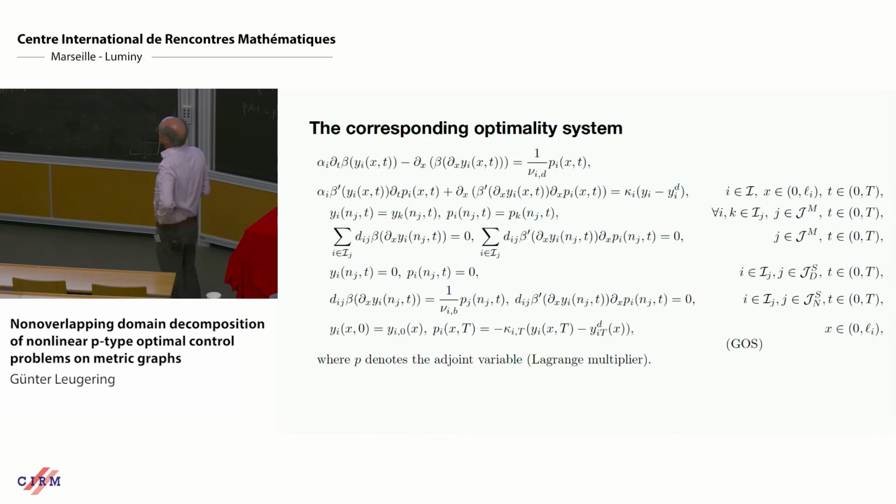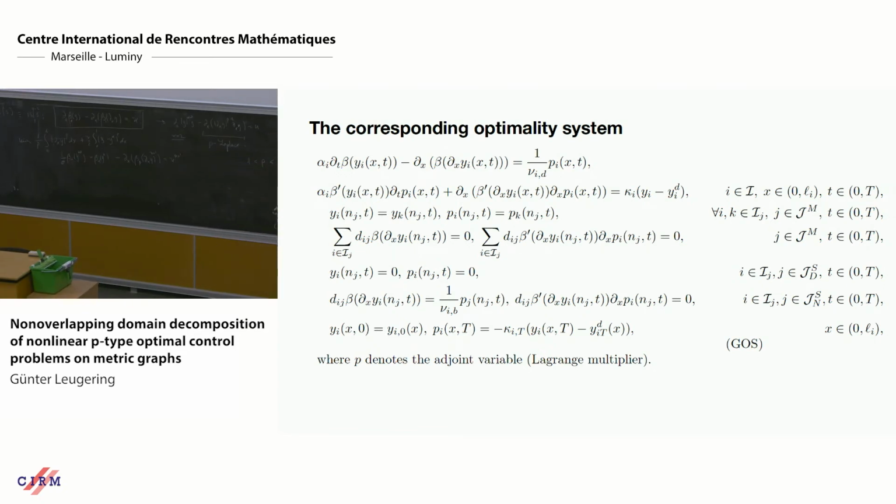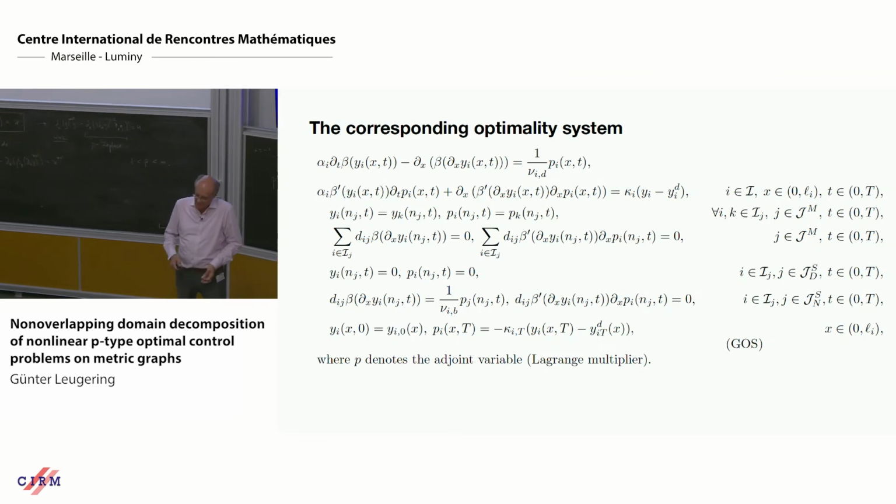Another point of caution that you may not directly see here. You see, P less than 2. Typically, in the P-Laplacian business, P is between 1 and infinity. And P equal 2 is the standard theory.